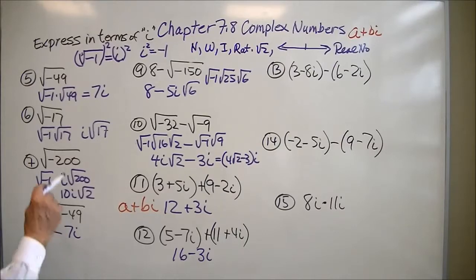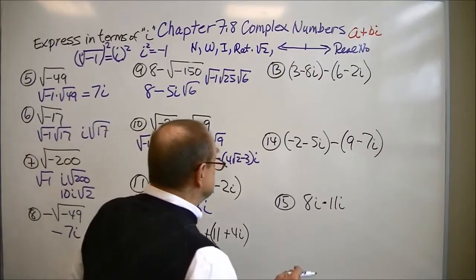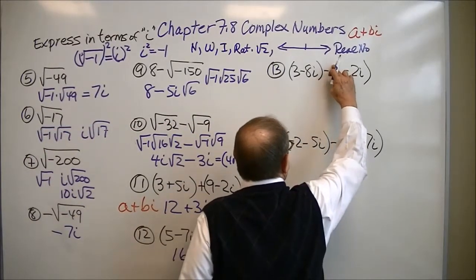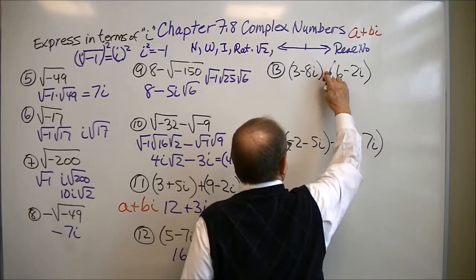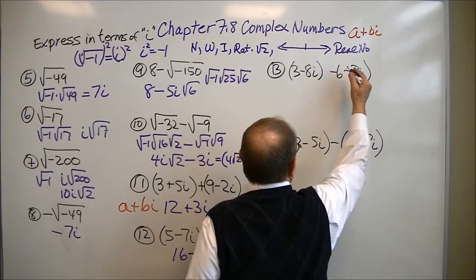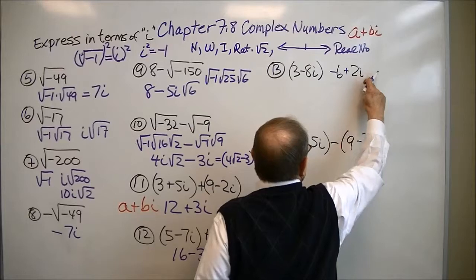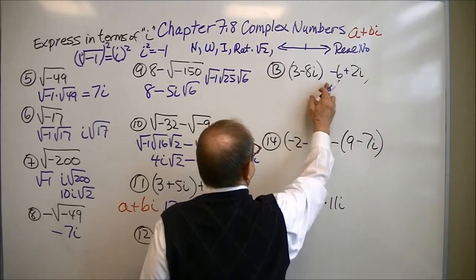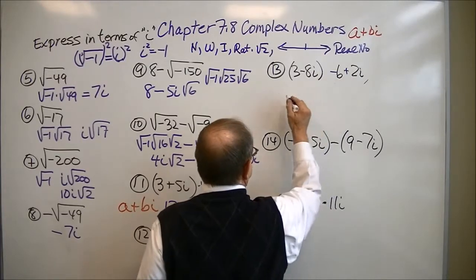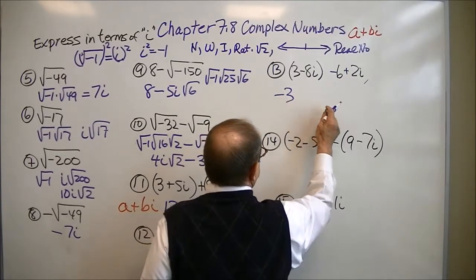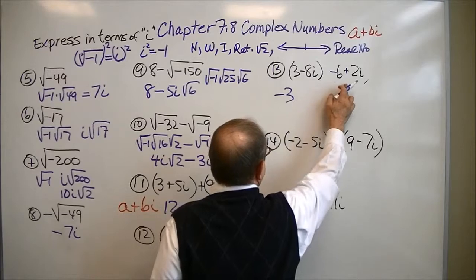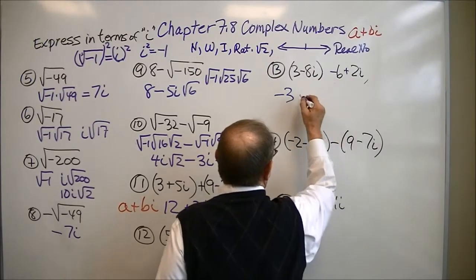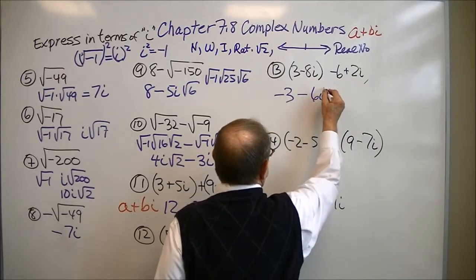Okay. Now notice number 13 is subtraction. And what we do when we subtract is we take away the parenthesis and just change these signs. So now we have a 3 minus 6 is a negative 3. A negative 8i and a positive 2i makes that a negative 6i.